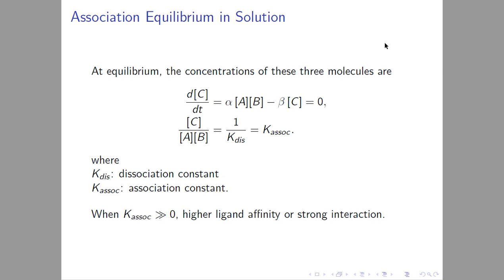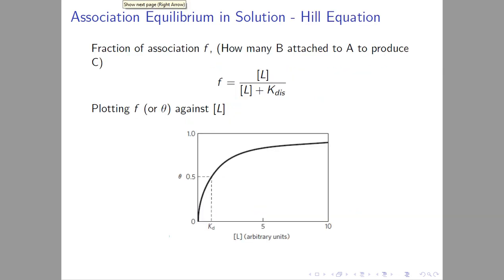When K association is higher, we have a higher ligand affinity, or it can attract more strongly to become the complex. So we see how much A and B associate.